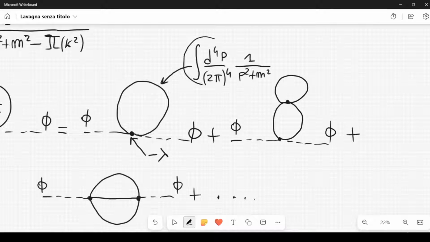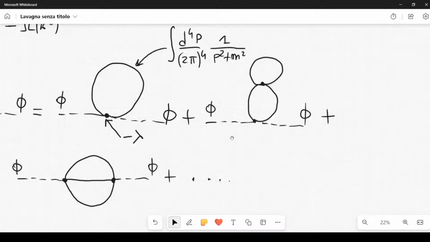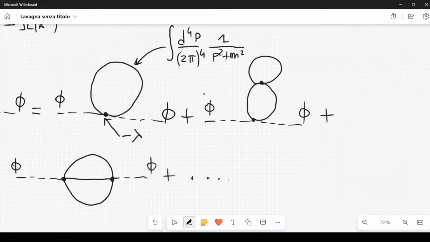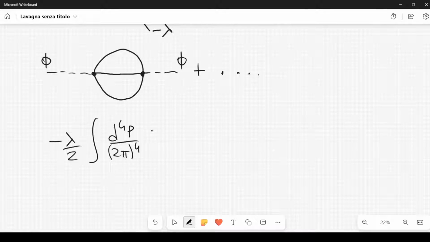So we have to integrate over all the possible values. And remember that we also have to divide by the symmetry factor of the graph, which is 2. So basically the contribution that we get is the following: minus lambda divided by 2 times the integral d^4p over (2 pi)^4 of 1 over p squared plus m squared.